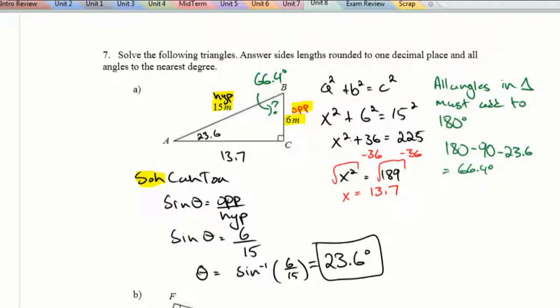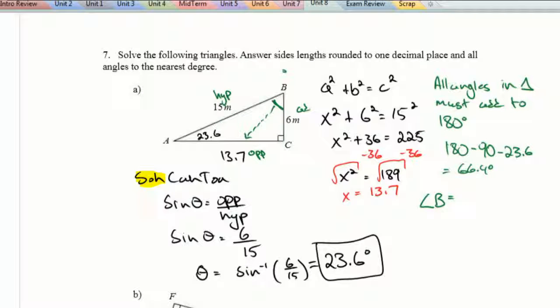I could also have started with the angle up at the top here, angle B. Maybe I'll write it like this, angle B. If I had started the question, didn't know anything, and measured my angle from here, I would go across. This would be the opposite side from that angle. This is still the hypotenuse.